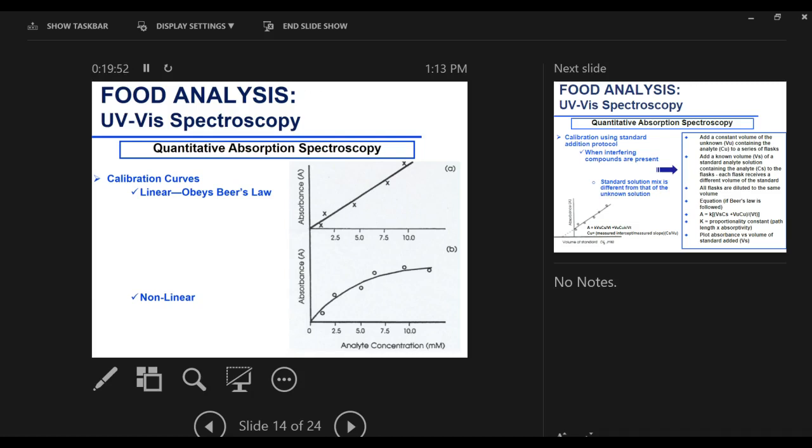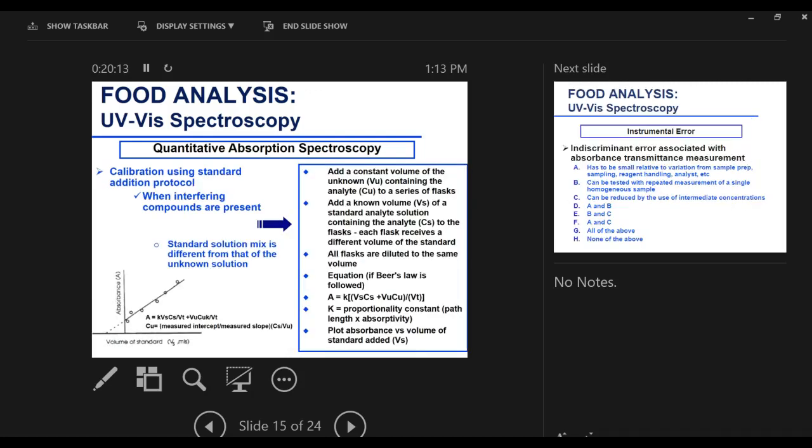So I want to make sure that the concentration of my sample is approximately in this range. Sometimes you don't know. You just randomly dilute, run your sample. Nope, it's not in the linear range. You go back, dilute it again until it is in your linear range. Okay, life gets complicated.